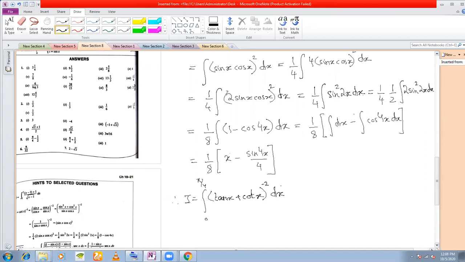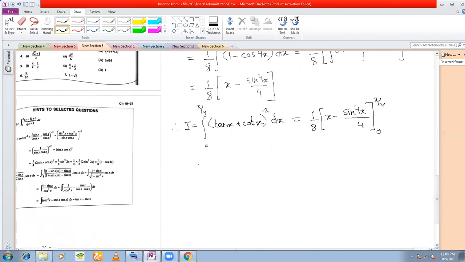dx. Okay, and you just put here 1/8 of x minus 1/8 is a constant, so you can take it out. So it's 0 to pi by 4.